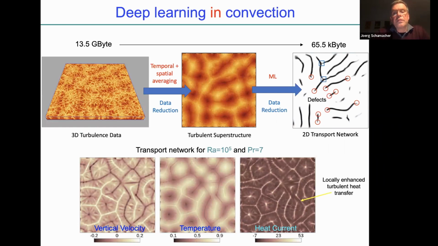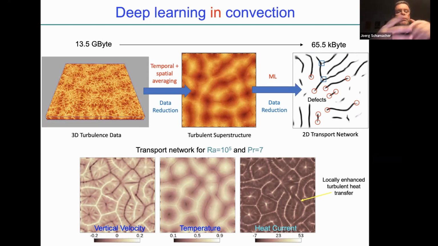Let me quickly say a few things to the first part. And this is a figure that illustrates how we are reducing our data. So we're basically starting from fully 3-dimensional snapshots of the simulations. That is what you can see here. Then you always have to do some kind of data reduction because there's no way to feed this information into a neural network, several million grid points or whatever.